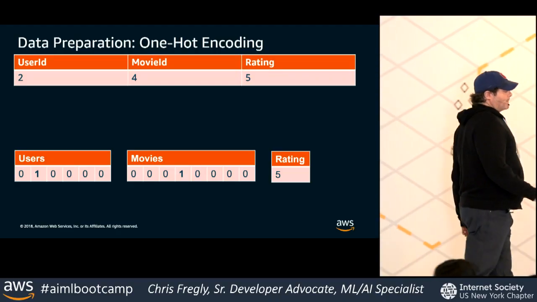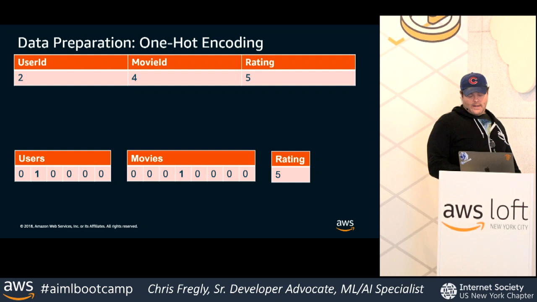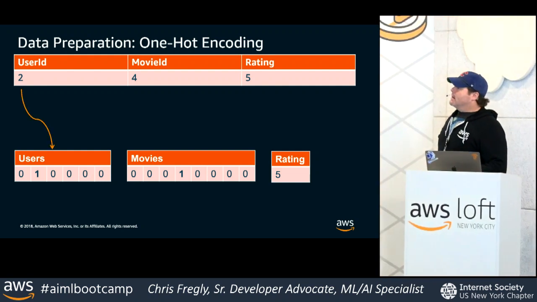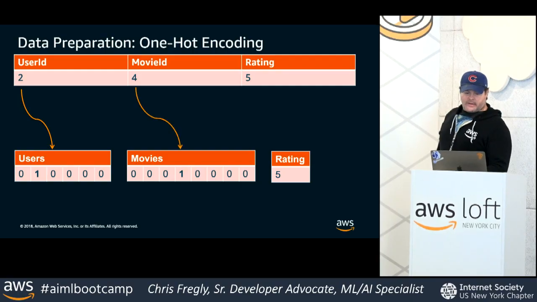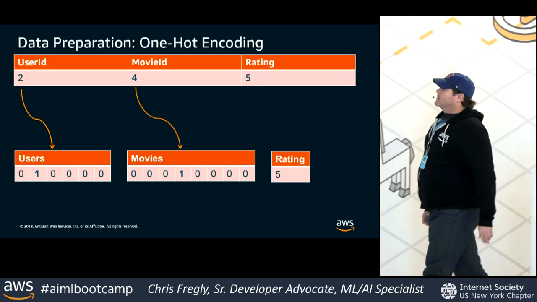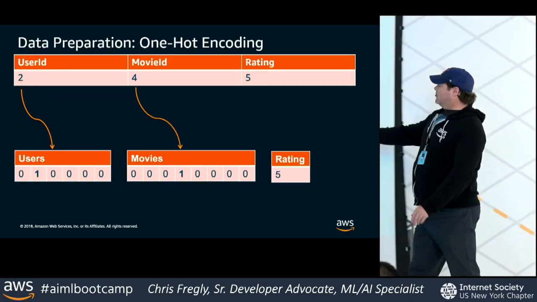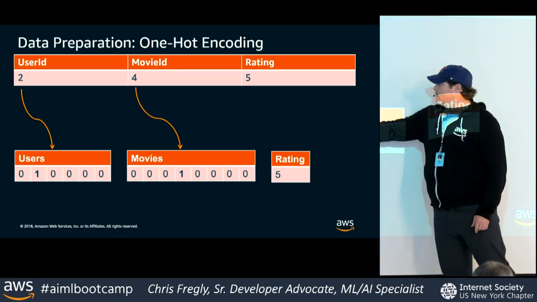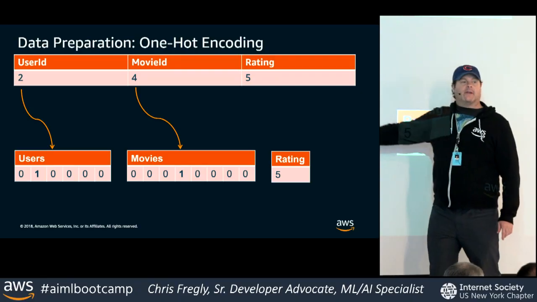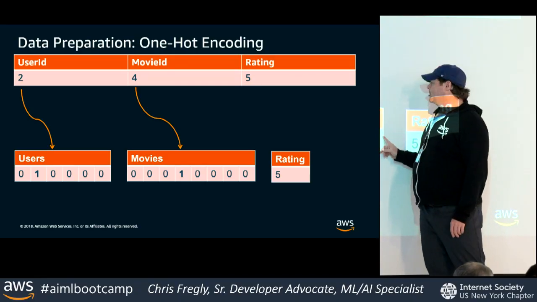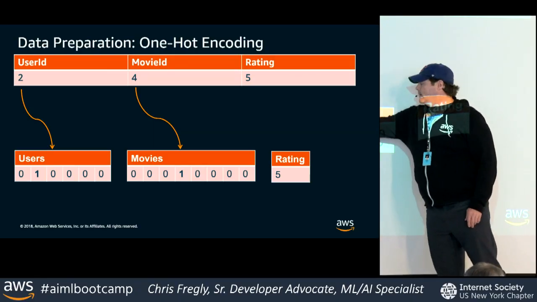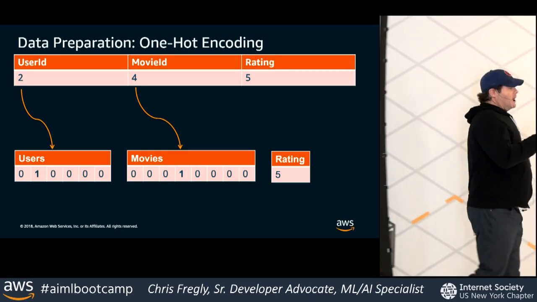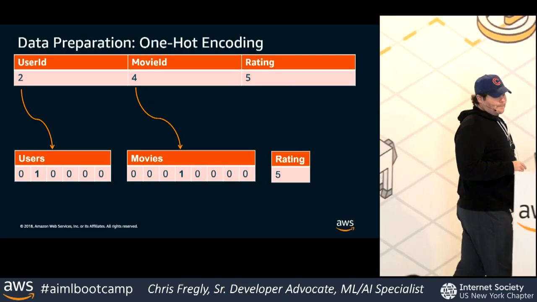So what we do is a process called one-hot encoding. For the columns where the actual value doesn't matter, we do all zeros. So if this was 30,000 movies, this would be a huge row of zeros and just one 1, at the spot that represents that ID.